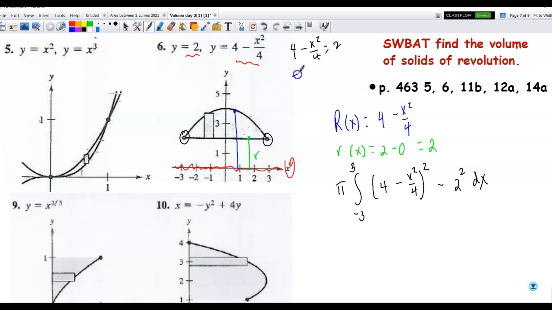Subtract 4 from both sides, and I get negative x squared over 4 equal to -2. Divide both sides by -1, multiply both sides by 4, I get x squared equal to 8. So x is actually equal to positive or negative square root of 8.